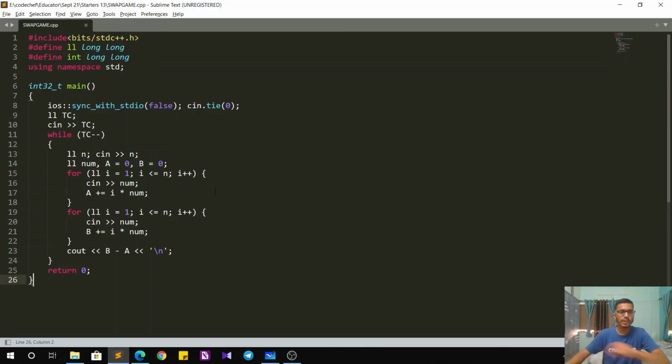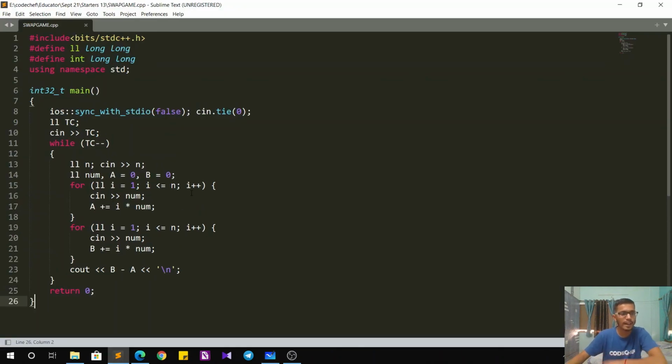As you can see over here, I have taken the input for number of test cases. After that, I take the input for n. There are two variables, capital A and capital B. I run a for loop, take the input for the A array, and calculate the value of i into A of i. Because I don't really need the value of A of i later on, I just store it in a temporary variable.